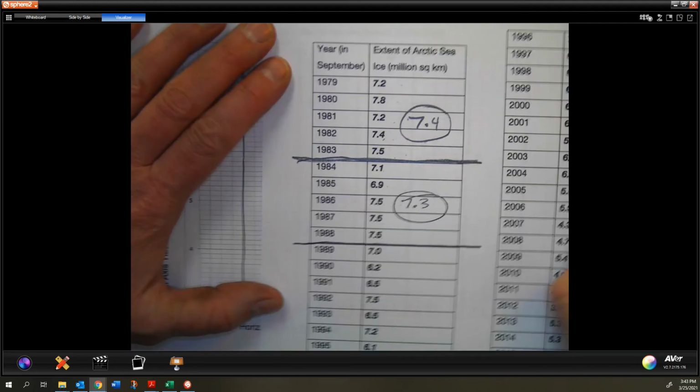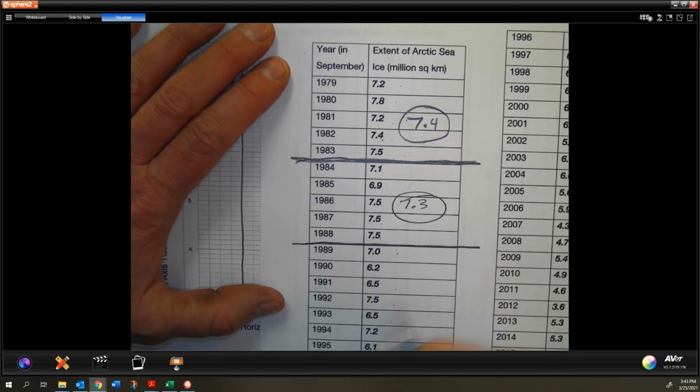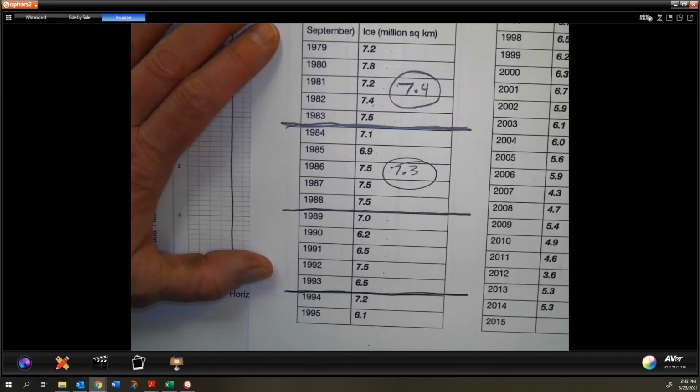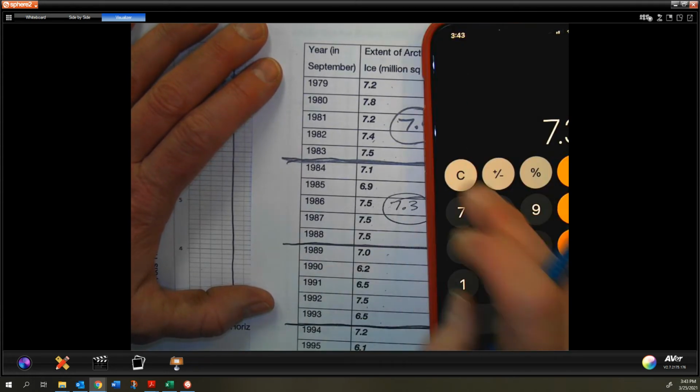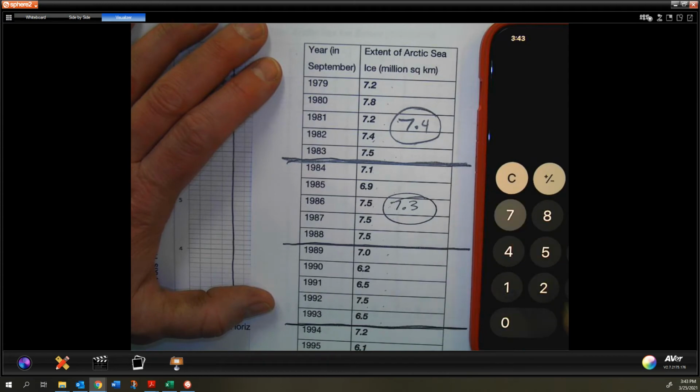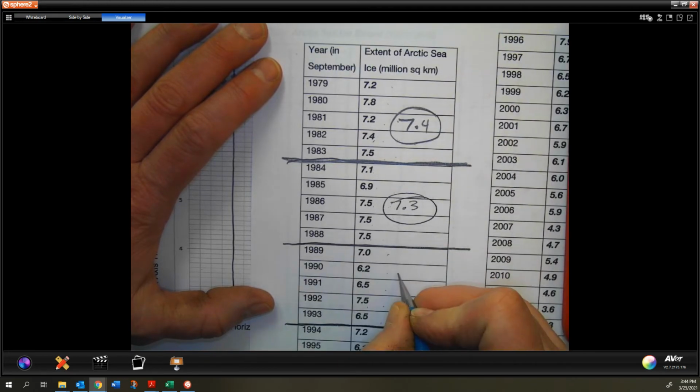And 1, 2, 3, 4, 5. This next one is going to be a pain because we have to go, the column ends, but that's okay. So right here, clear, this average would be 7.0 plus 6.2 plus 6.5 plus 7.5 plus 6.5 equals, divided by 5 equals 6.7.